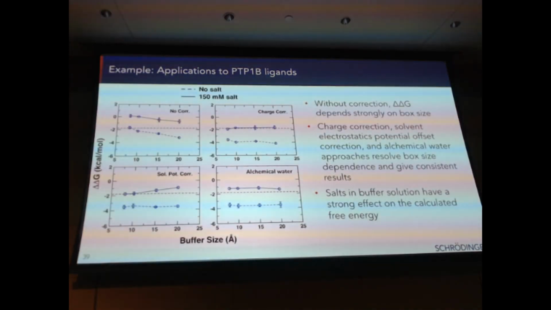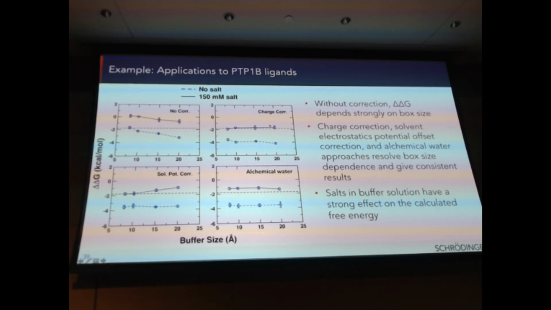So for the PTP1B example I showed earlier, we applied 4 different methods on this system. The first method is the regular FEP without any special treatment on the electrostatic interaction energy calculations.